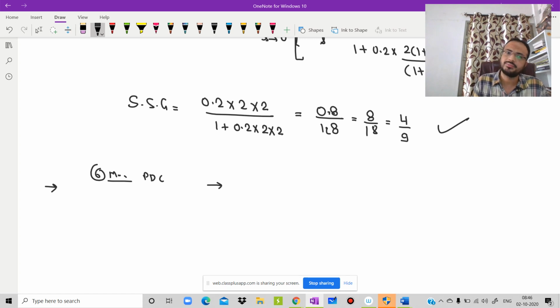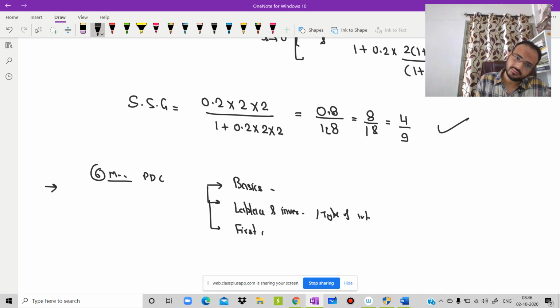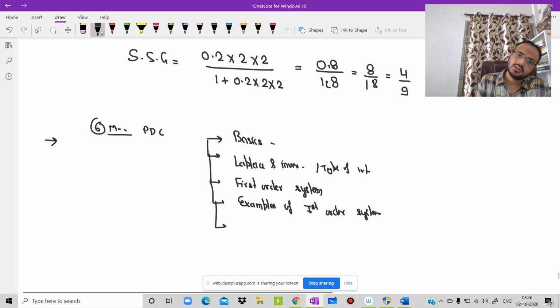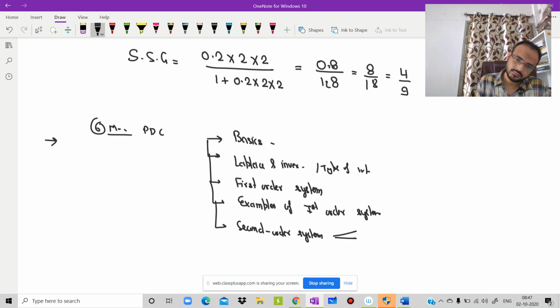Up to this point, we have covered basics, then Laplace, inverse Laplace, types of input, etc. Then first order system, physical examples of first order system, tau, Kp, etc. Second order system, inherently first order plus controller, multi capacities, interacting and non interacting.